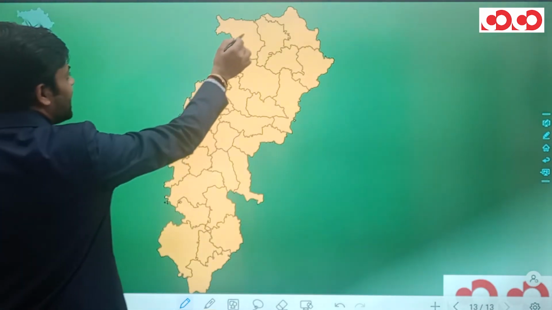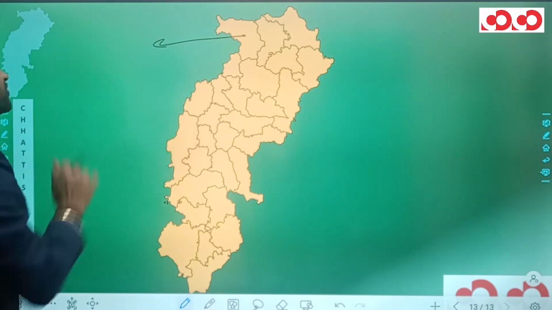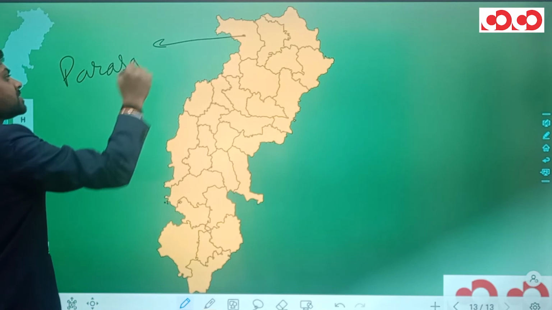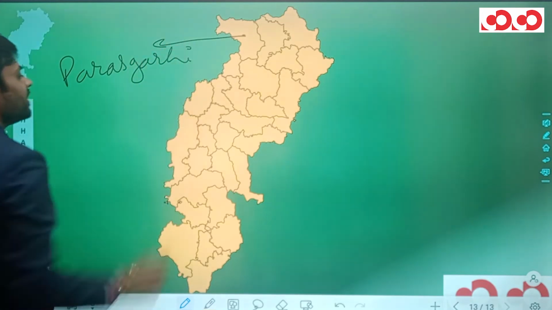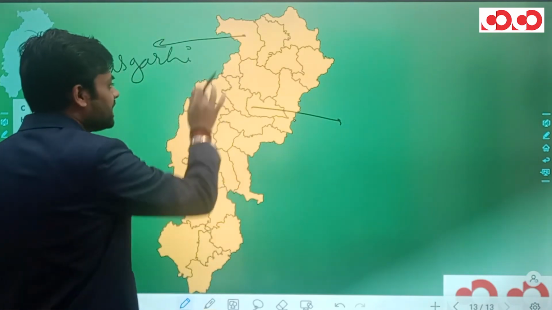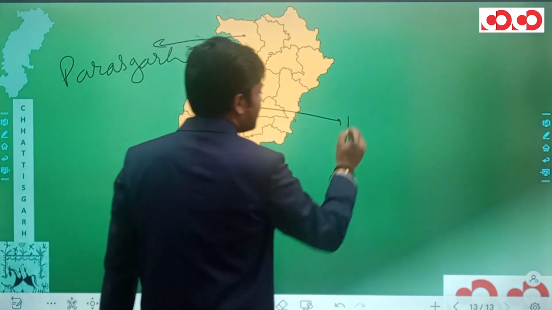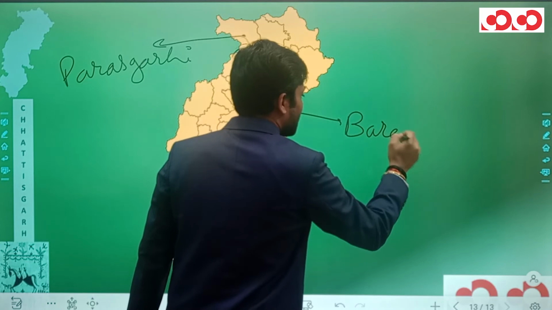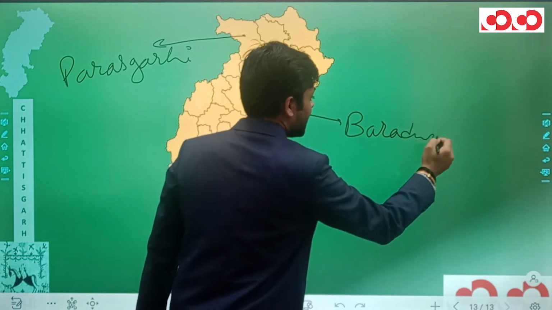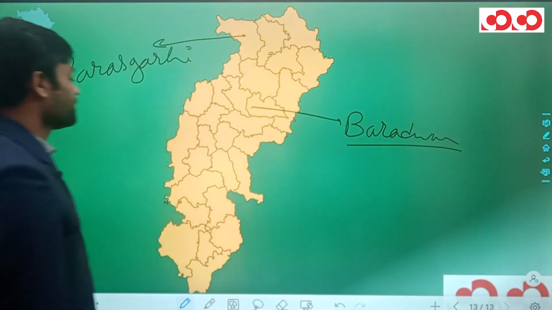In this Korea district, we have an industrial area named Parasgarhi. In this Janjgir Champa district, in the Bilaspur division, we have Baradwar industrial area.